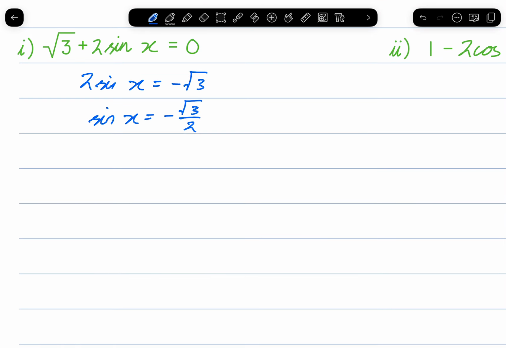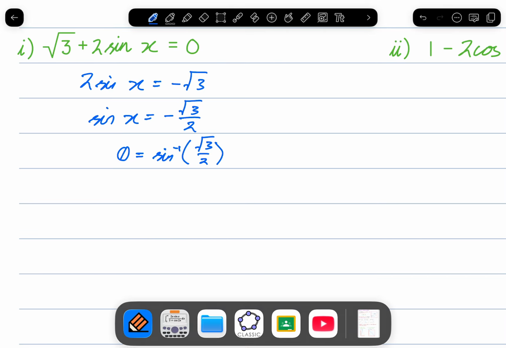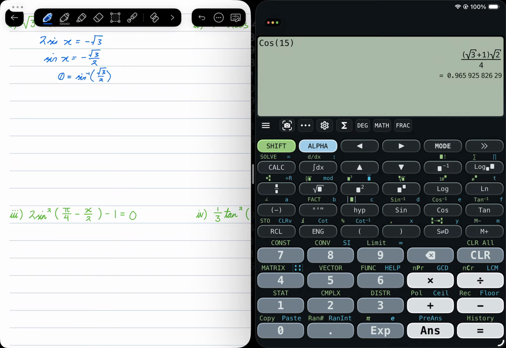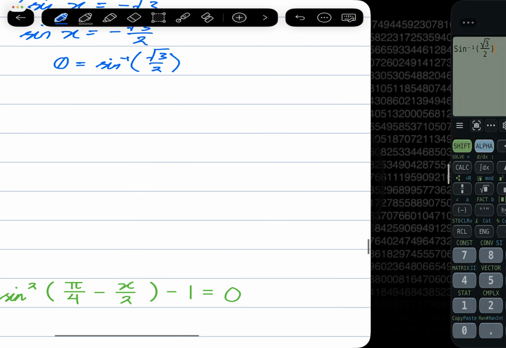Now remember from here, I always like to work with quadrant 1. So theta, no longer x, theta is sine inverse of positive root 3 on 2. Just throwing this into our calculator, inverse sine of positive root 3 on 2 is giving me 60 degrees.